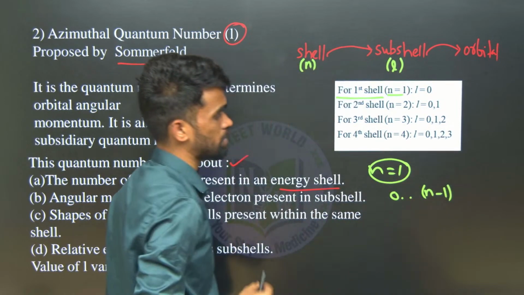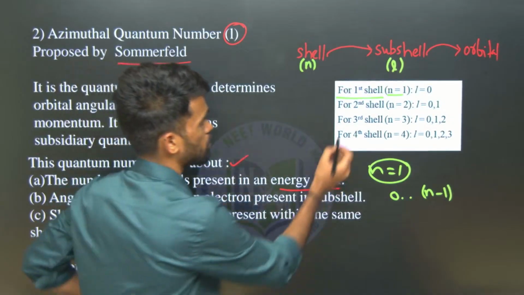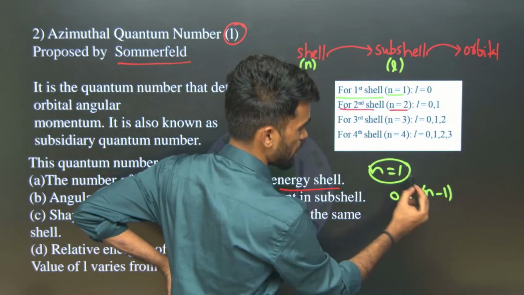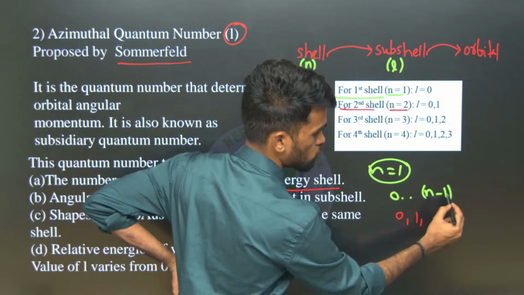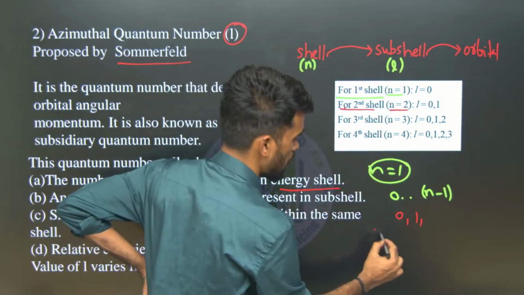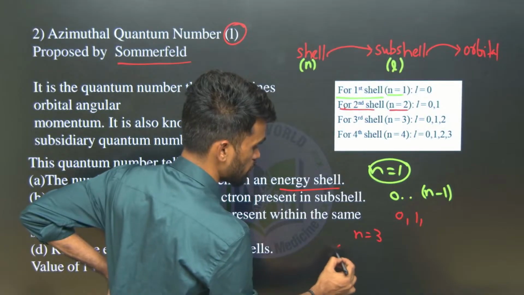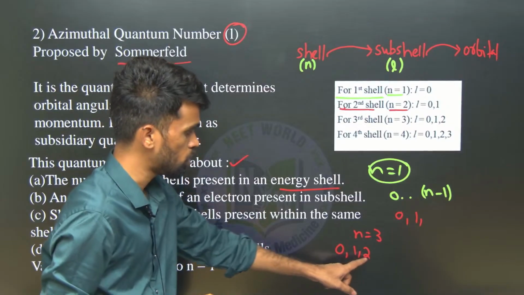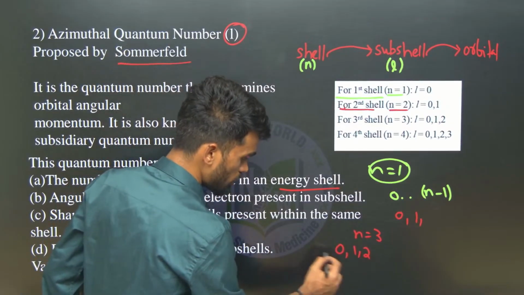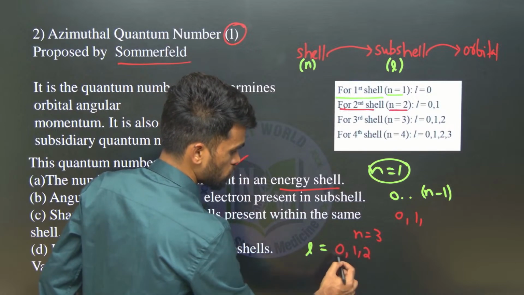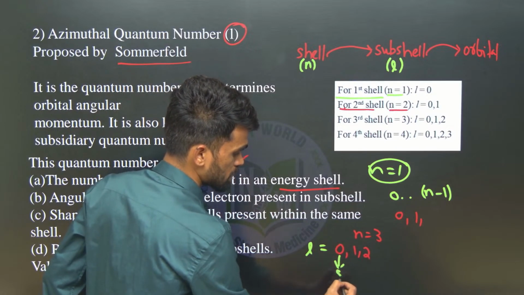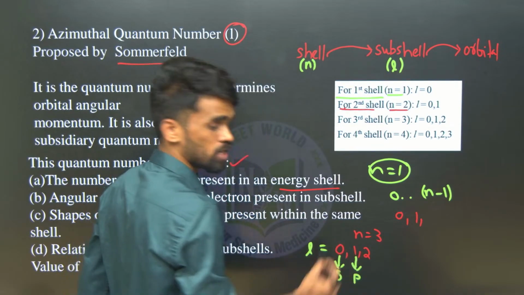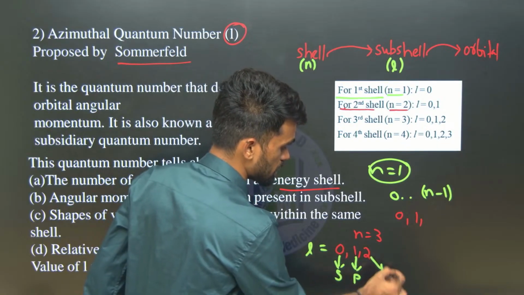For example, for the second shell, n is 2, so n minus 1 means 1 only, so 0 and 1. For the third shell, n is 3, so n minus 1 is 2, so L values are 0, 1, 2. If L value is 0 you say S subshell, if L value is 1 you say P subshell, if L value is 2 you say D subshell.